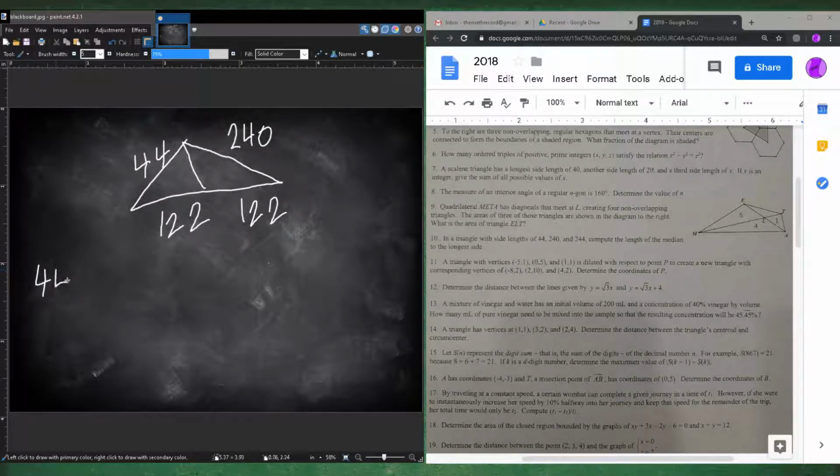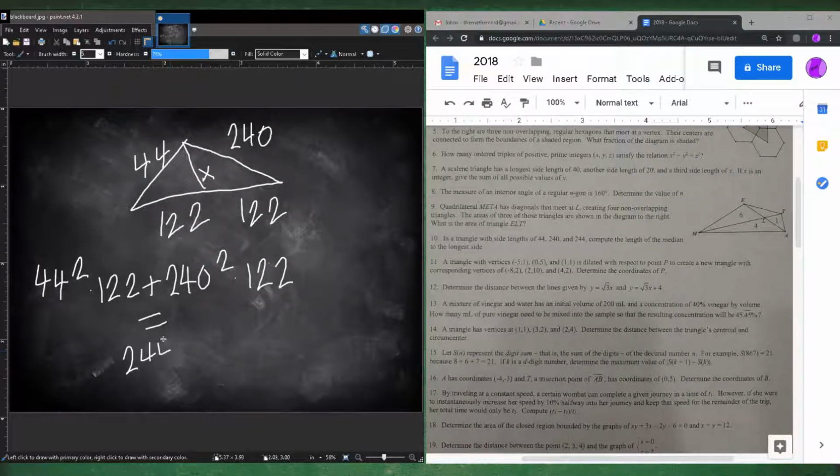So our idea is 44 squared times 122 plus 240 squared times 122 is equal to, we'll have x, which is what we want to look for, which is 122 plus 122, which is 244, the entire side length, times x squared, plus the 122 times the other side length, which is also 122, times the entire side length, which is 244.